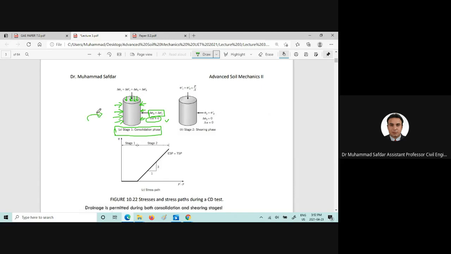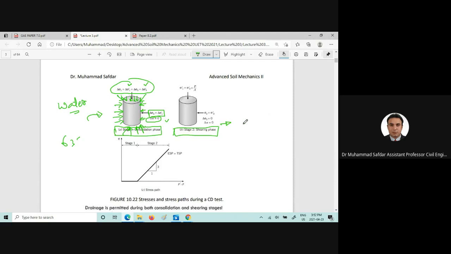Because here we have water, the all-around pressure exerted onto the sample will be equal to sigma 3. And now you can say that delta sigma 1 prime is equal to delta sigma prime 3.